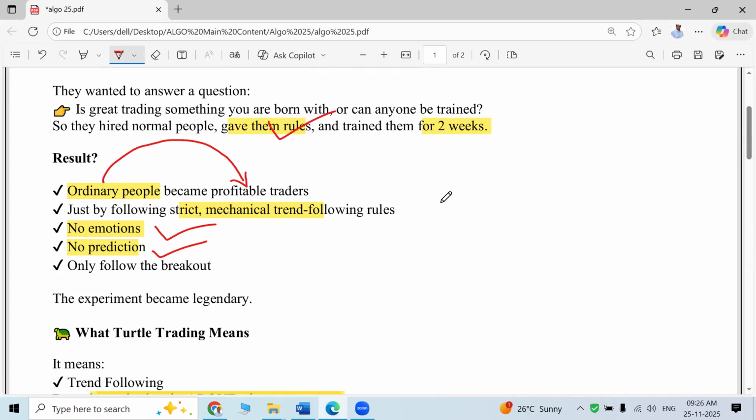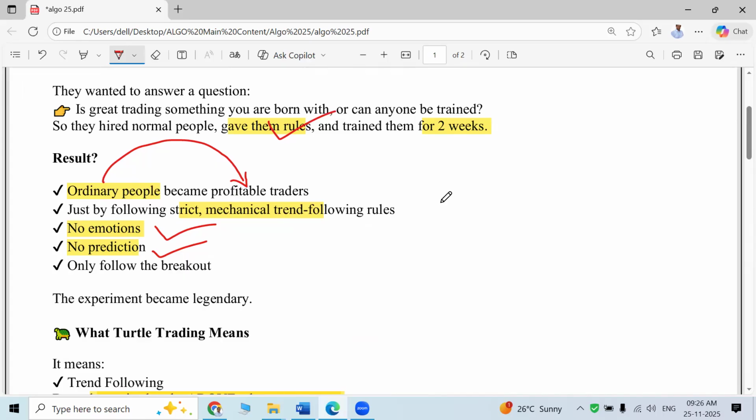Now you should know that there are a lot of hedge funds globally that use this kind of strategy. They made some strategy, and by backtesting they found that the strategy is workable and profitable. So they hire people who just execute that strategy. They don't use any emotion or prediction.